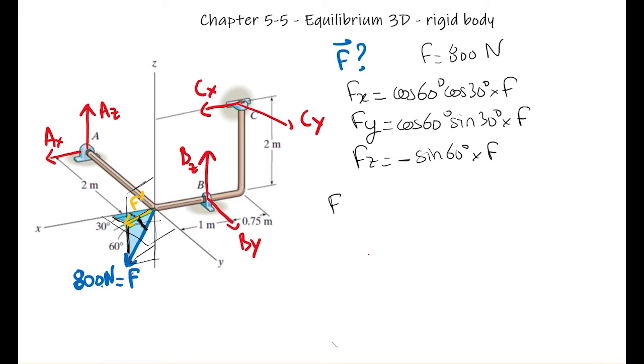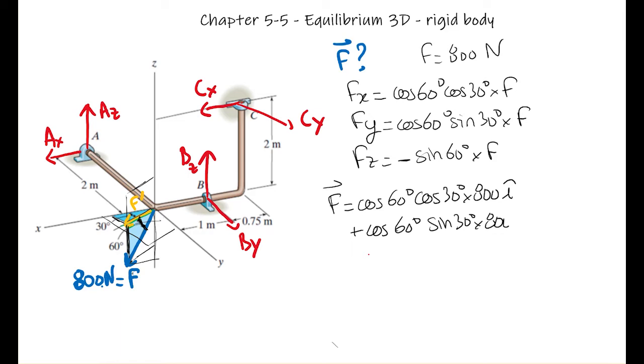So F as a vector is equal to cosine 60 degrees cosine 30 degrees times 800 on I hat, plus cosine 60 degrees sine 30 degrees times 800 on J hat, and minus sine 60 degrees times 800 on K hat. Let's solve with the calculator.